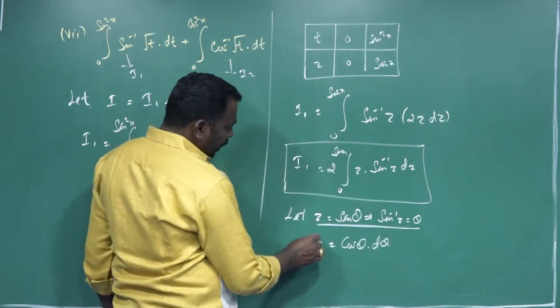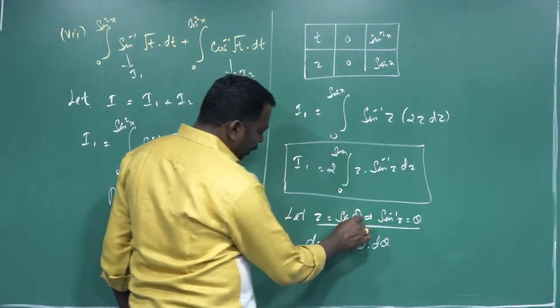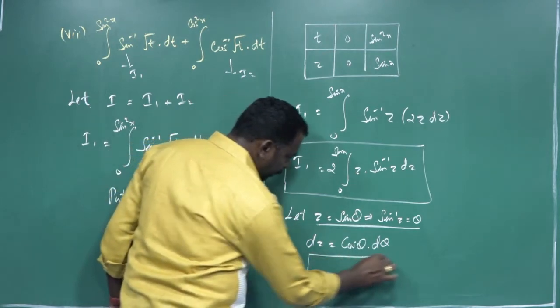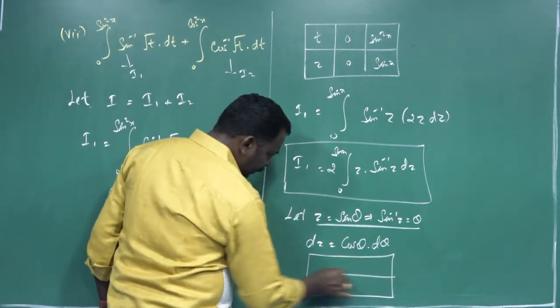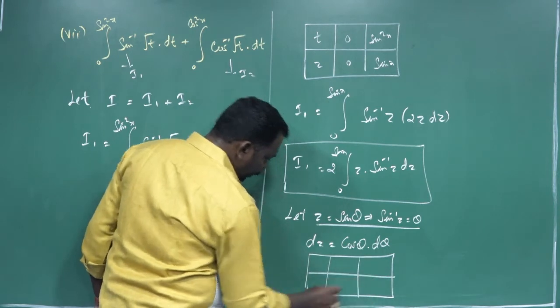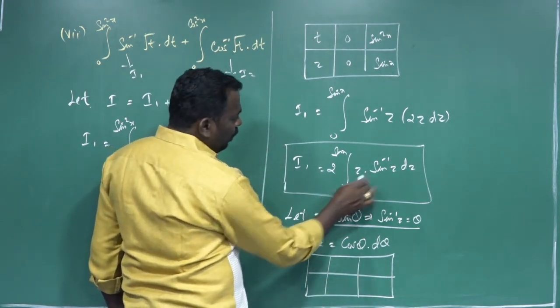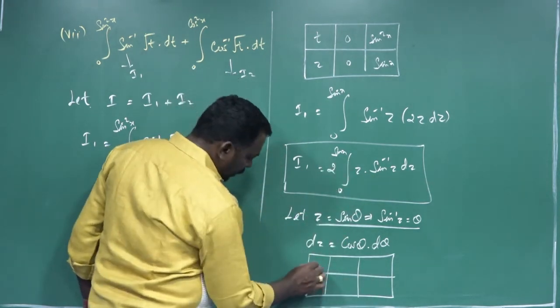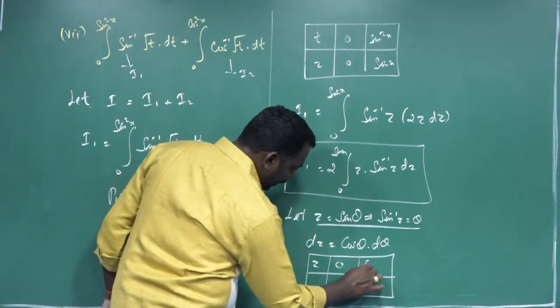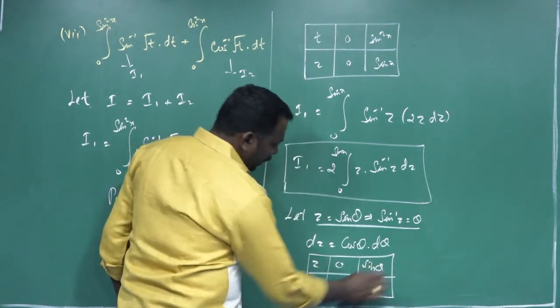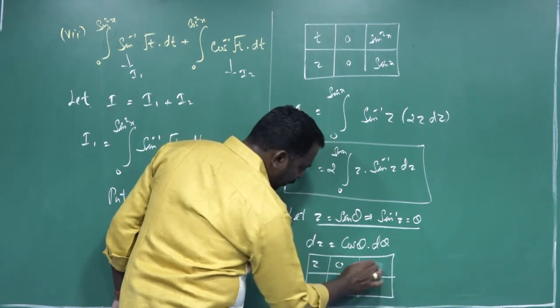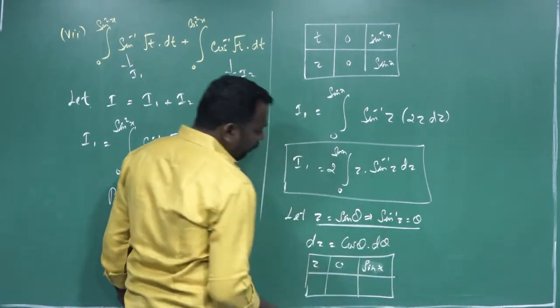Now we change from the z variable to the theta variable, therefore we find the range. The z variable runs from 0 to sin x.